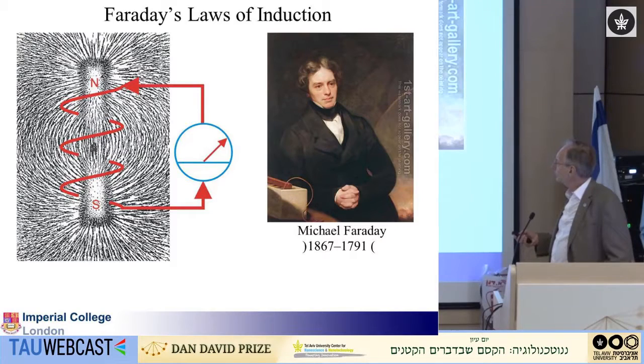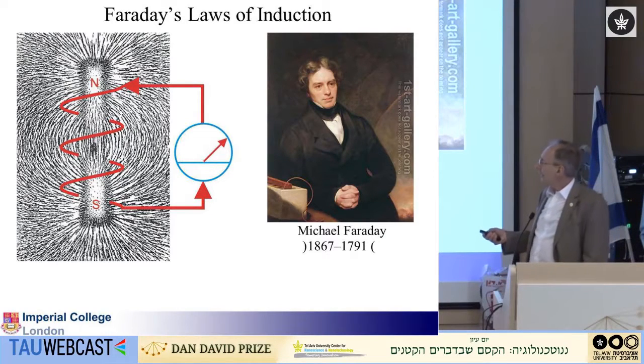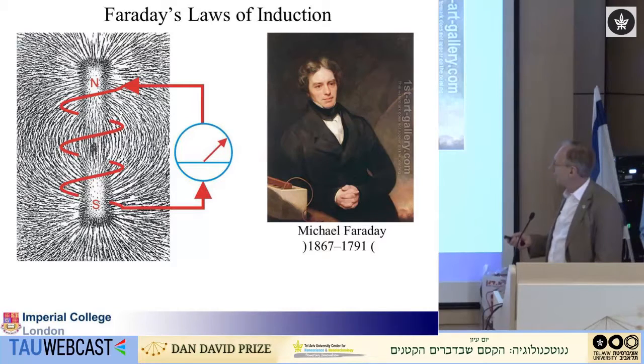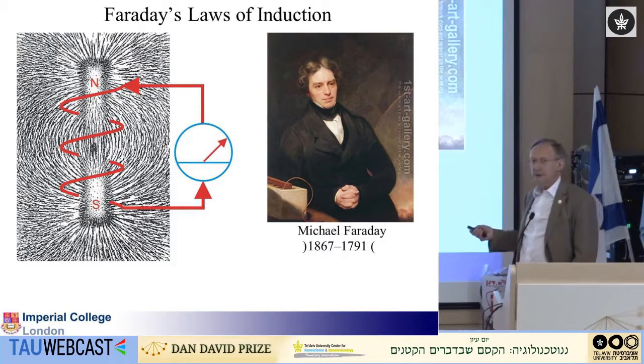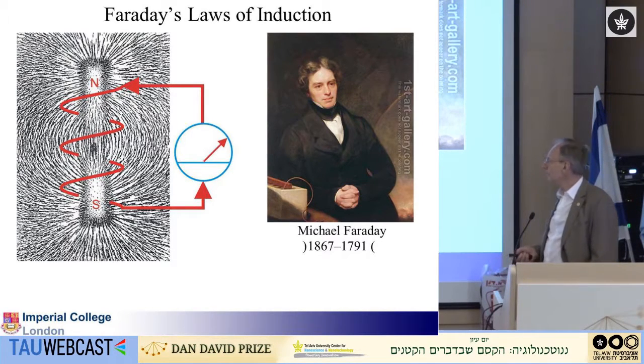And so Faraday showed that if the magnet was encircled by a coil, and there was no motion in the system, then nothing happened. But if you move the magnet, then you saw a deflection in the galvanometer because it induced an electrical current in the coil.